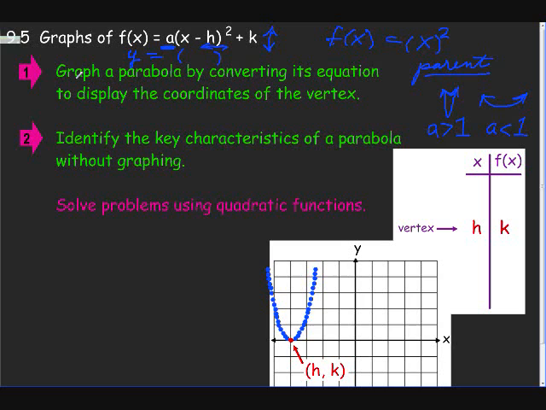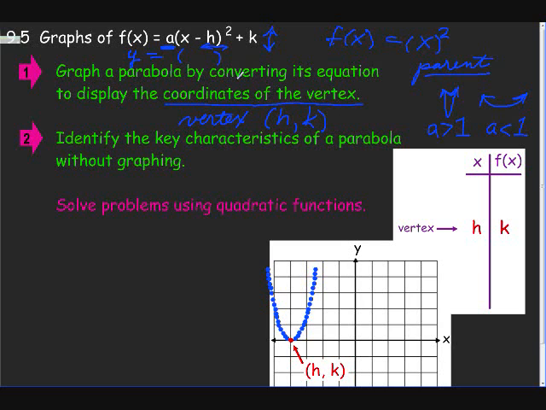Our objectives today: graph a parabola by converting its equation to display the coordinates of the vertex. Very clever, really. So now we know the vertex because we can see what h and k are.